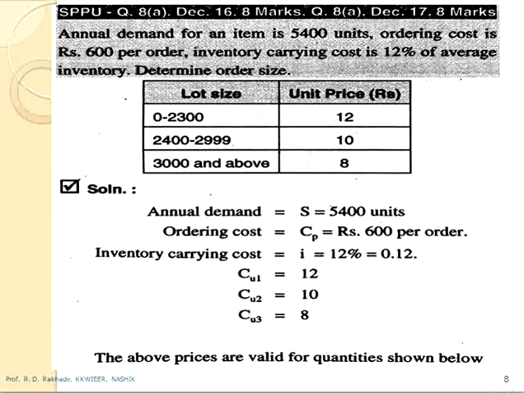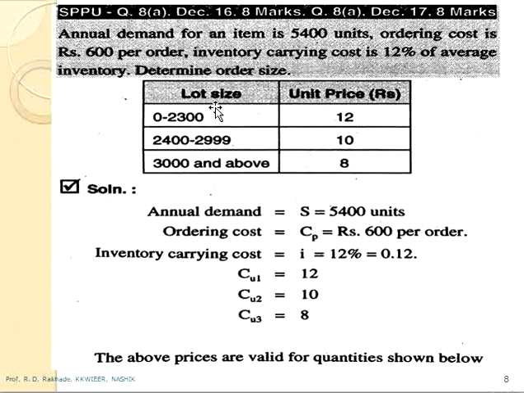Ordering cost is 600 per order, that is procurement cost, order cost Cp is equal to 600 per order. Inventory carrying cost is 12% of average inventory, that is I, equal to 12%, equal to 0.12. Determine order size. Ultimately, we want to calculate EOQ.